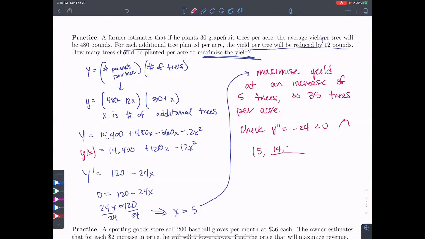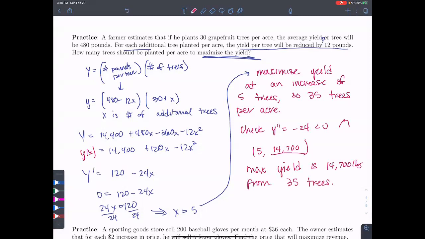You get 14,700. So the maximum yield is 14,700 pounds from 35 trees.